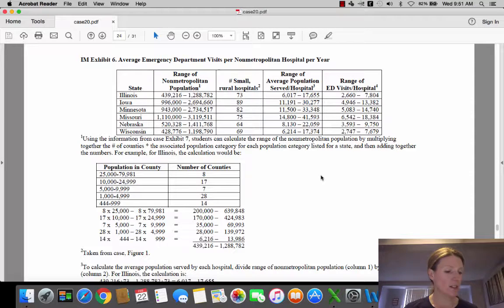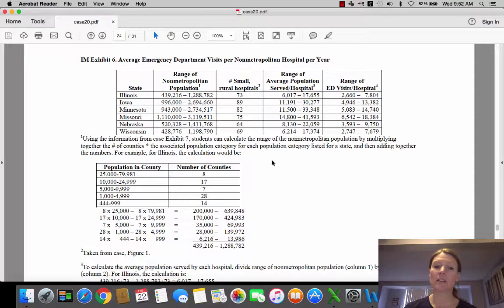So, as it says on our document here, you need to take the average non-metropolitan population and the average population served by the small rural hospitals, and then with that info, you can determine that range of potential revenue for the documentation product.